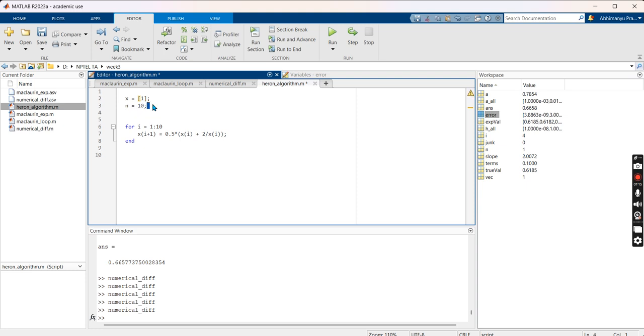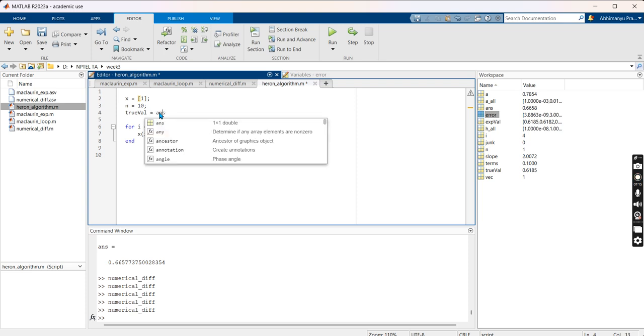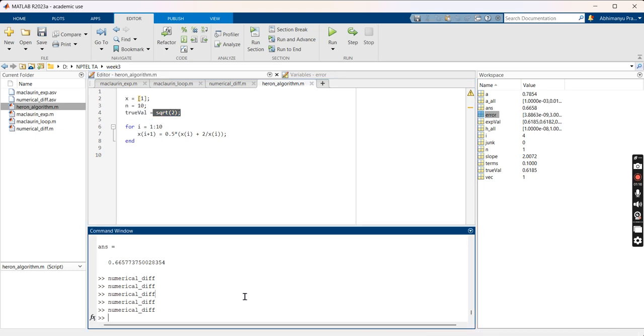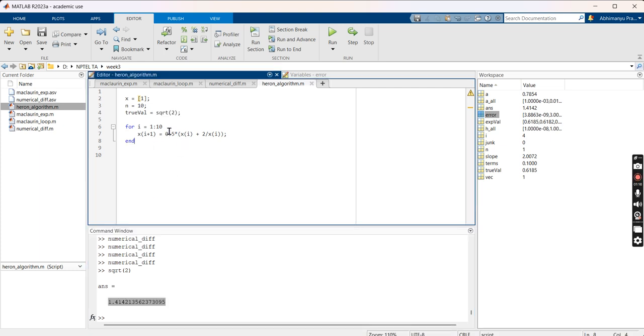Calculate error also. This is not my true value, but this is how MATLAB calculates the square root of 2, so I will just use that as my true value, 1.4142 and so on.